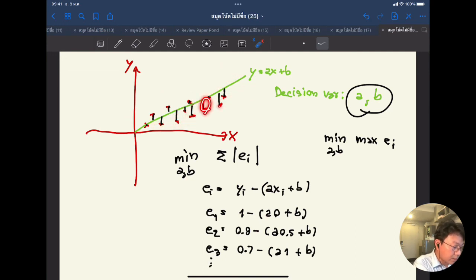I don't know which one has the maximum value. It depends, when you change A and B, the maximum one changes. But we want to find the combination of A and B such that the maximum deviation is minimum.